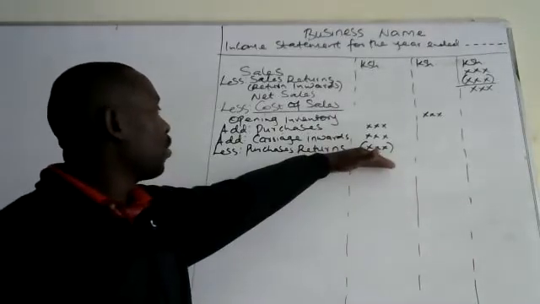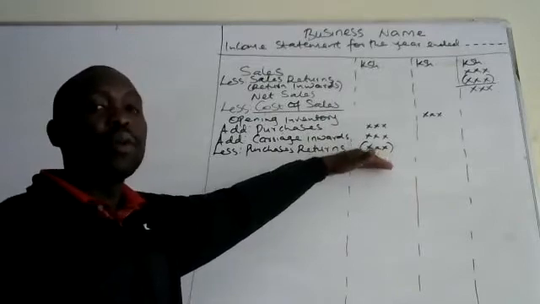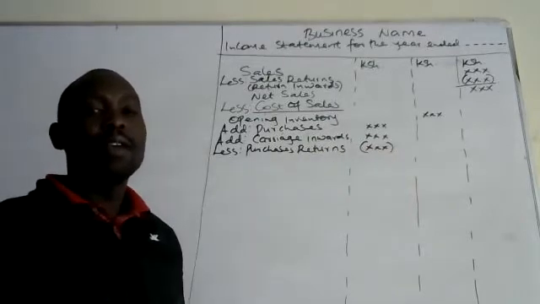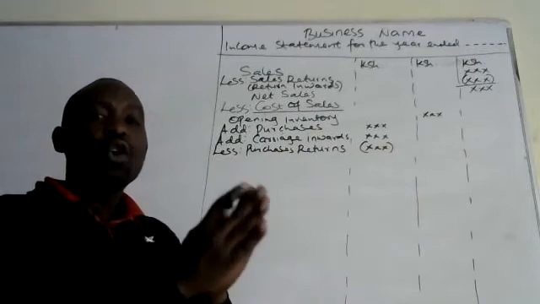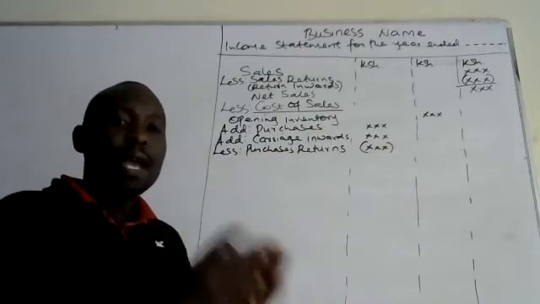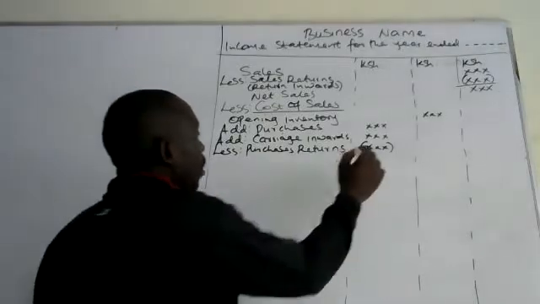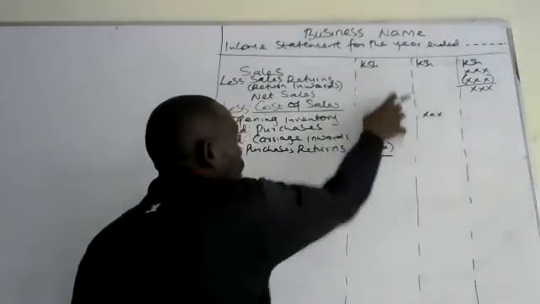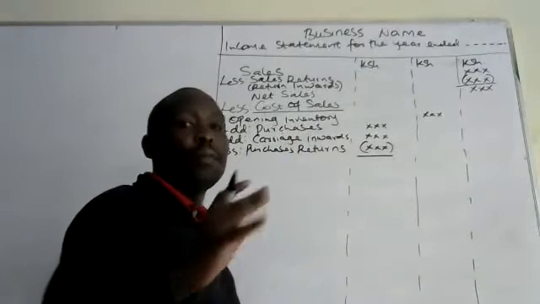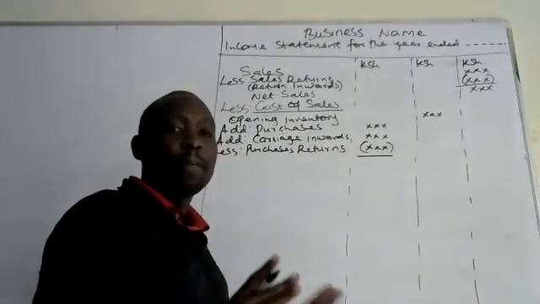The value of those goods that were returned, we normally deduct from the purchases, so that now we can get the actual cost of the items that remained in the business for sale. So the first column, you can realize it is only meant to do an adjustment on purchases.